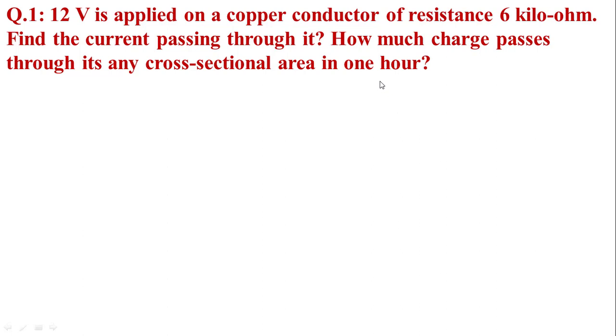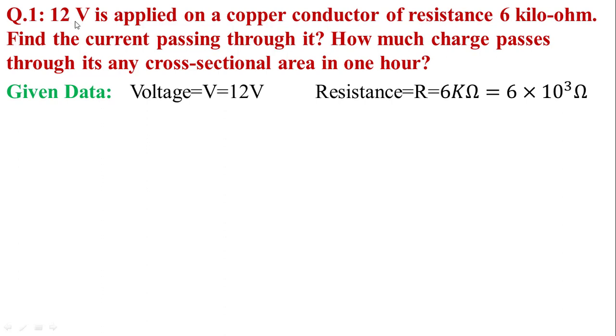Here, we can write the given data. A battery of 12 volt is attached, so voltage V is equal to 12 volt and resistance of the conductor R is 6 kilo ohm.